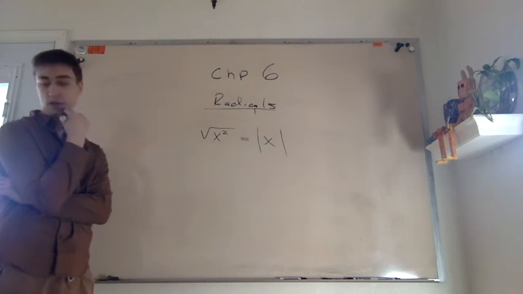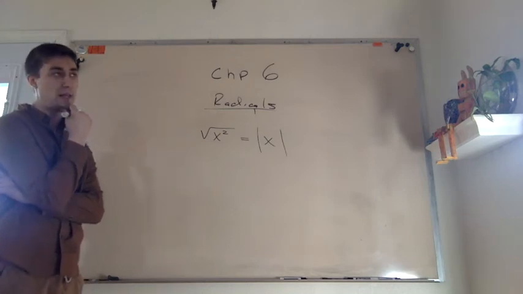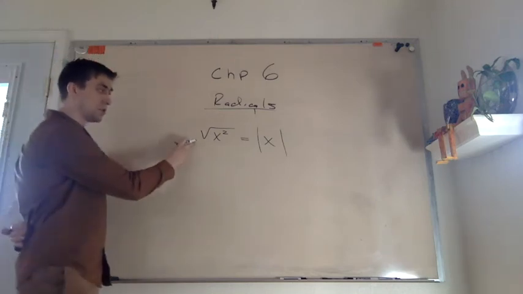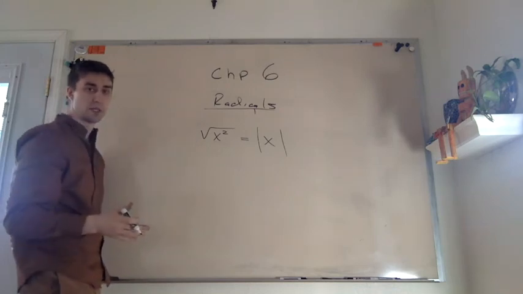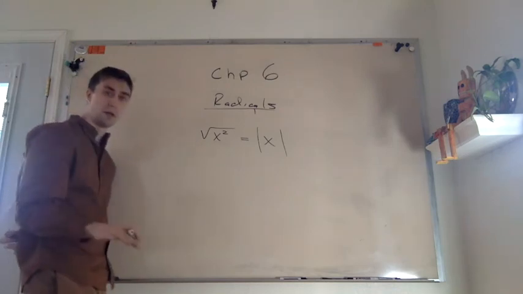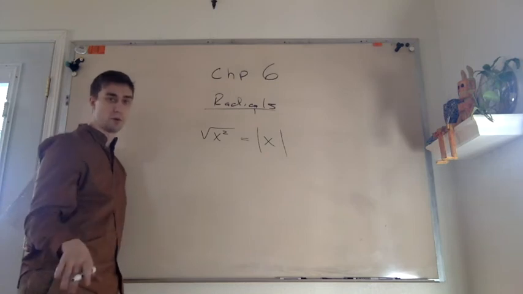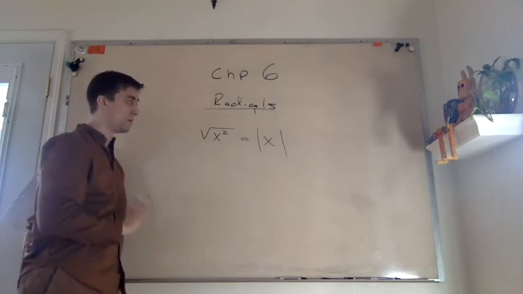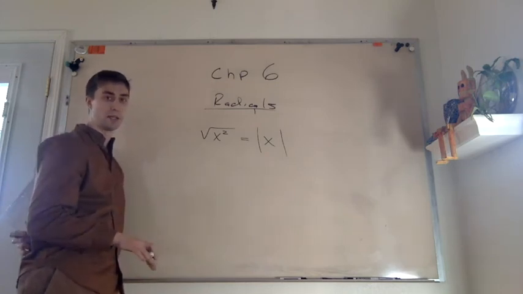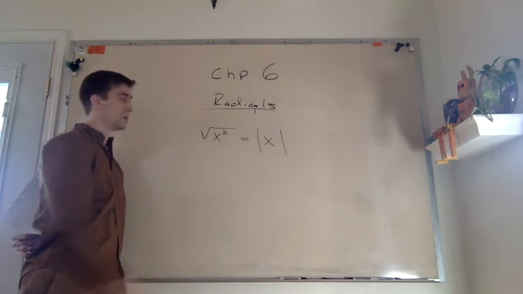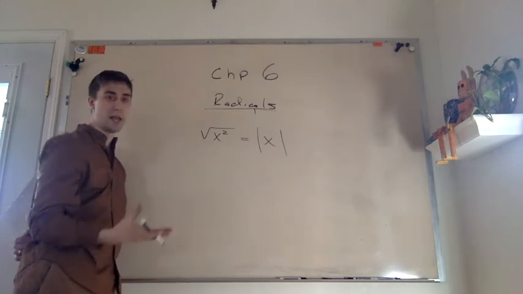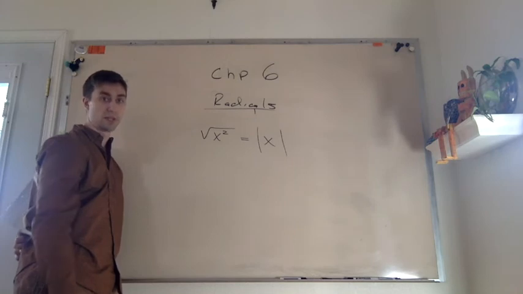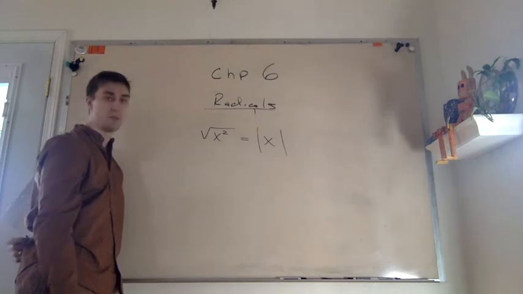So in the very beginning of the chapter, if you read, they say this. Yeah, this is true, but here's how we're going to fix this. From this point forward, assume all variables take on only positive values. So x can't take on a negative number in chapter 6. x can only be a positive number.